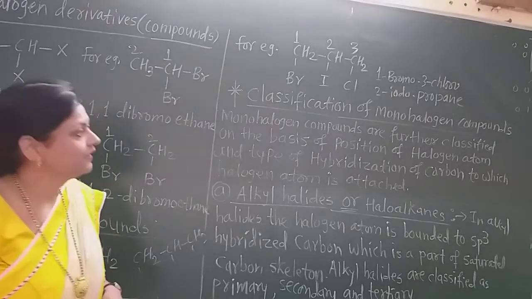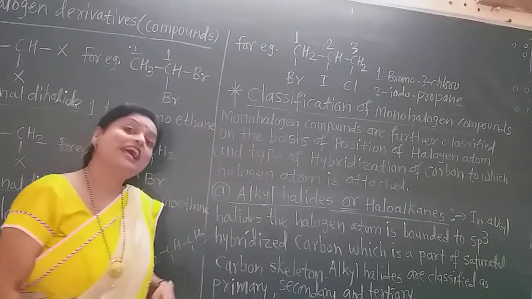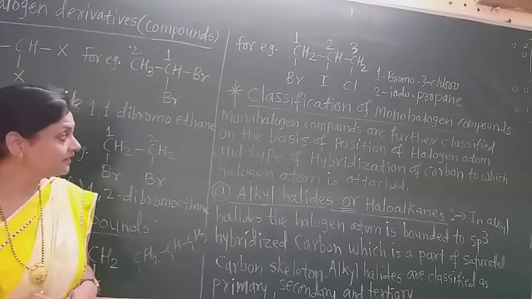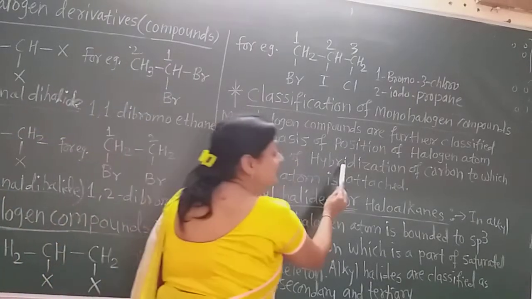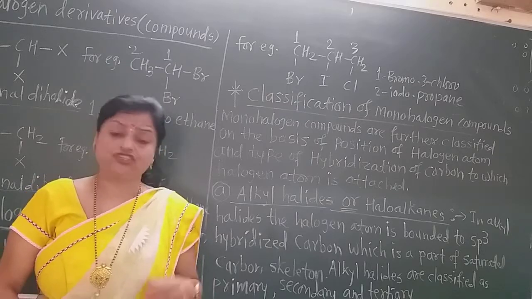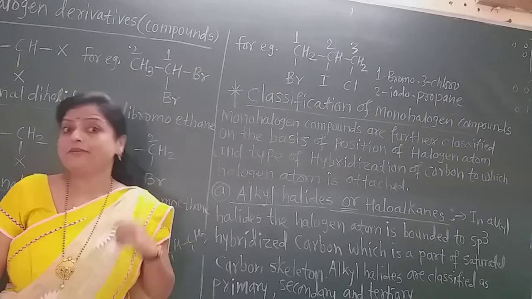So monohalogen derivatives are further classified on the basis of the position of the halogen atom, that is, at which position the halogen is present, and the type of hybridization. Now in 11th standard we learned sp3, sp2 and sp hybridization.